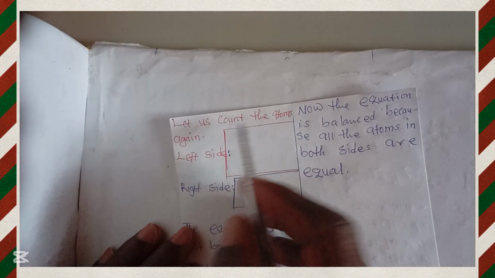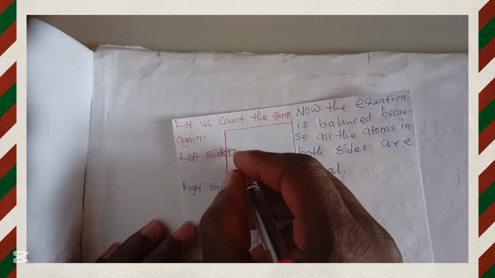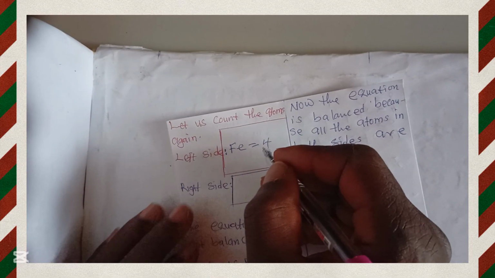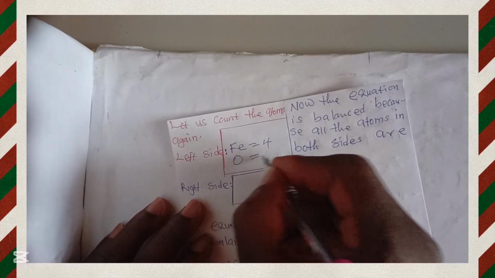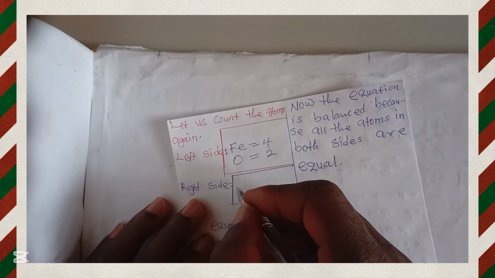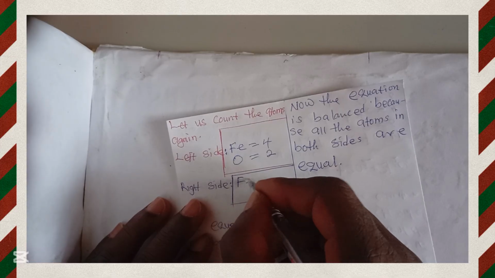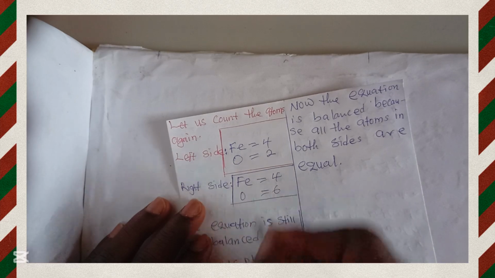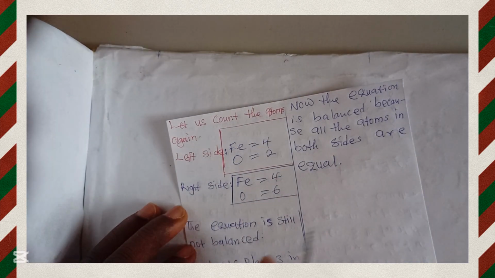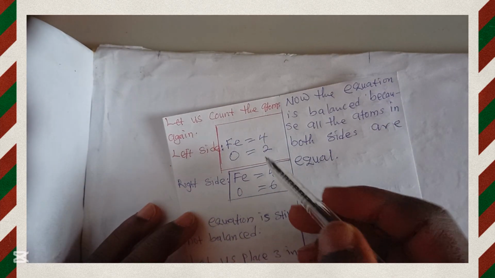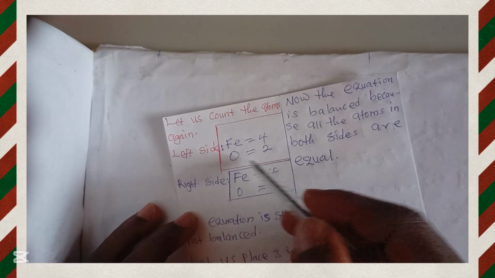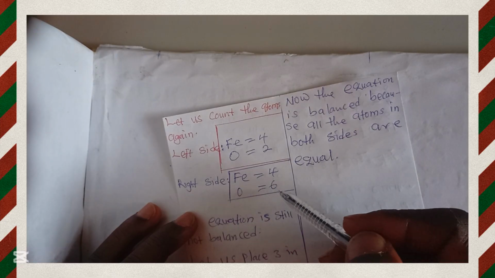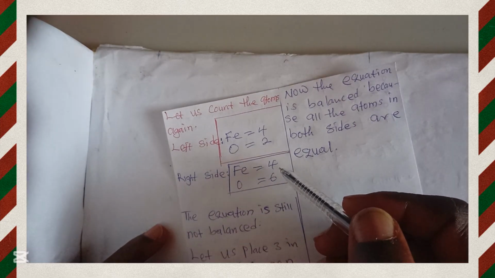Let us count the atoms again. Left side, Fe is 4, O is 2. Right side, Fe, that's iron, is 4, oxygen is 6. So you can see that the equation is still not balanced because oxygen on the left-hand side is 2 while oxygen on the right-hand side is 6.